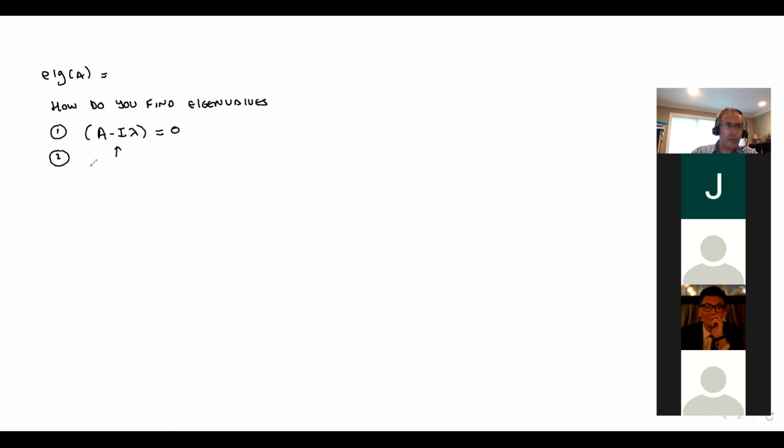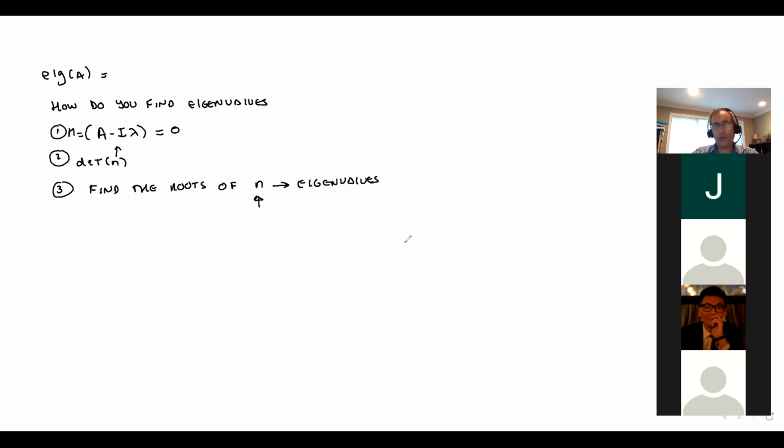Let's call this one M, perhaps. Step number 2, you find the determinant of M. And number 3, you find the roots of M. And these are the eigenvalues.